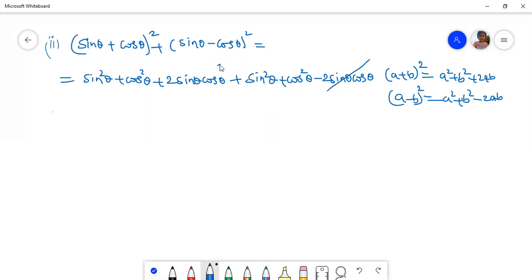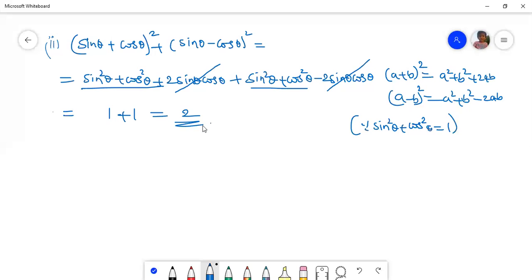Here minus 2 sin theta cos theta and plus 2 sin theta cos theta get cancelled. What is the identity? Sin square theta plus cos square theta equals 1. By using this identity, we can write 1 in this place and 1 in this place. So 1 plus 1 is equal to 2. That is the solution.